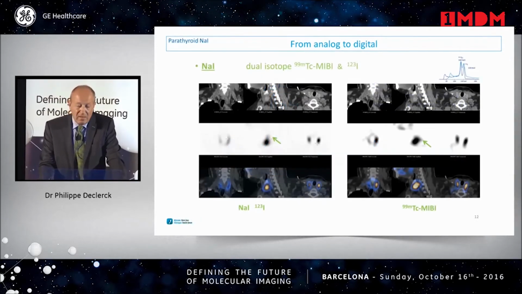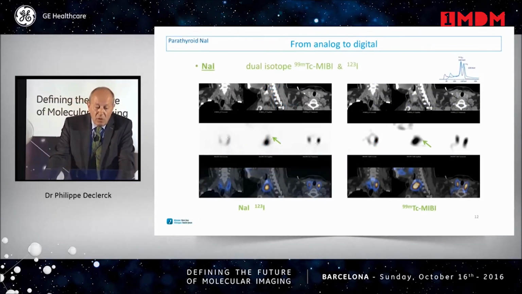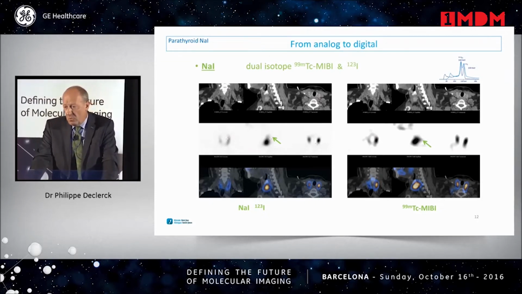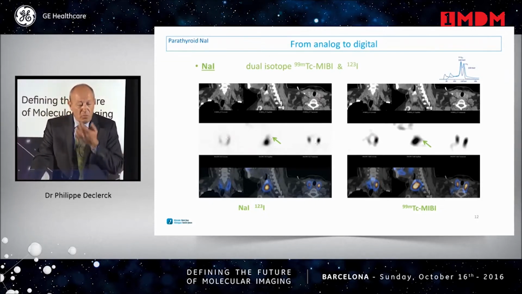And I will show you that with this dual isotope 3D parathyroid. This case is done with the photomultiplier, sodium iodide, and you see on your left hand the image with iodine-123, 159 keV, and on the right hand the image with technetium MIBI.